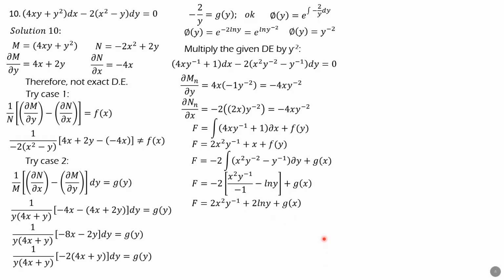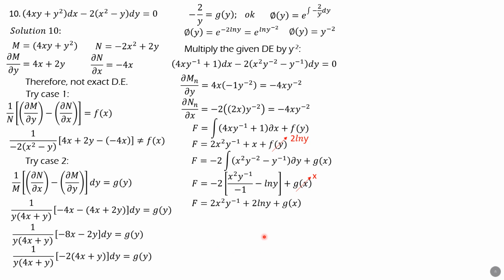We then conclude that f of y is this one, 2 ln y, and g of x is x. So f of y is 2 ln y, while g of x is x, as shown in the figure.